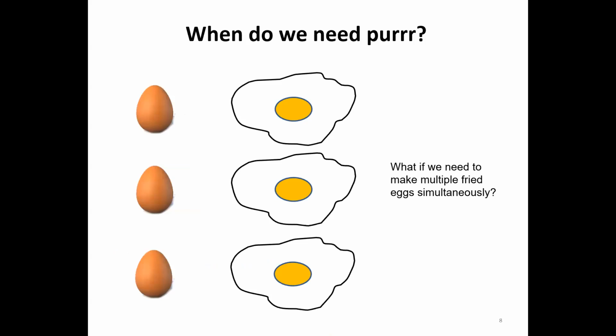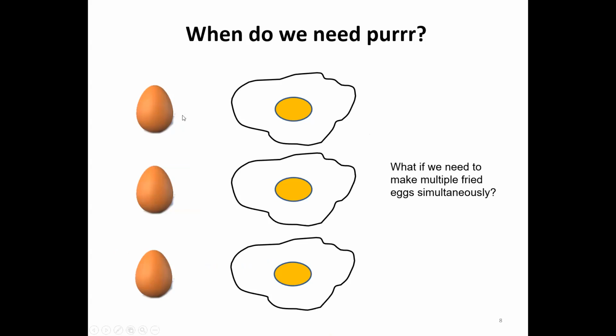Okay, so when do you need purrr? So imagine you are in this situation where you need to fry an egg. So you have the input, which is the raw egg. Then you follow the instructions, you break the egg in a pan and fry it. And then, voila, your fried egg. But what if you have to do this multiple times simultaneously? So you end up not just with 1 fried egg, but with like 3 fried eggs or how many you need.